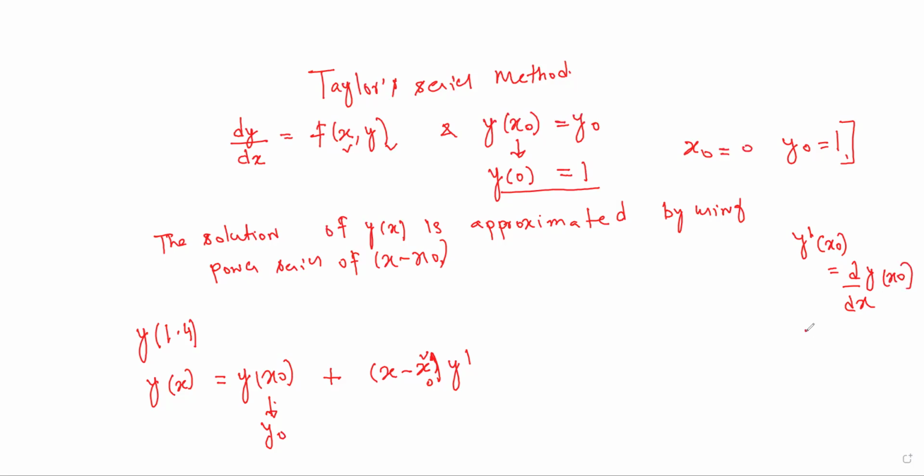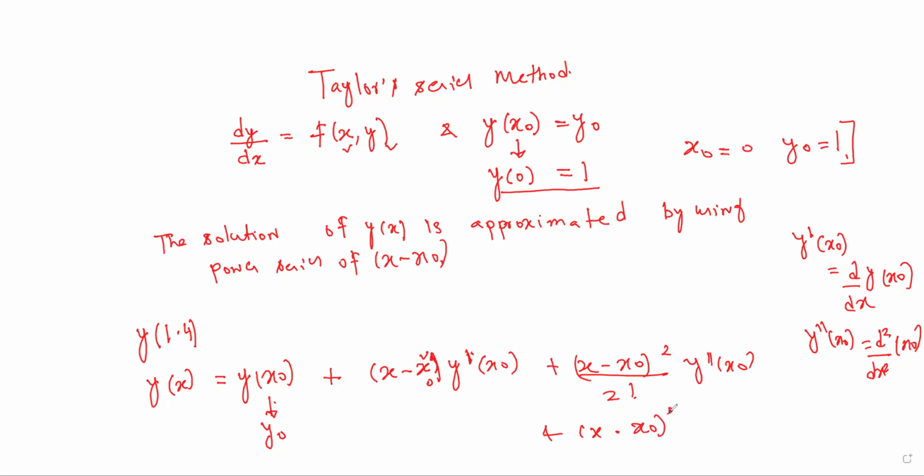Y double dash means the double differentiation at this point, that is d square y by dx square at x naught. So y of x equals y naught plus x minus x naught times y dash of x naught, plus x minus x naught whole square by 2 factorial times y double dash of x naught, plus x minus x naught whole cube by 3 factorial times y triple dash of x naught, and so on and so forth.